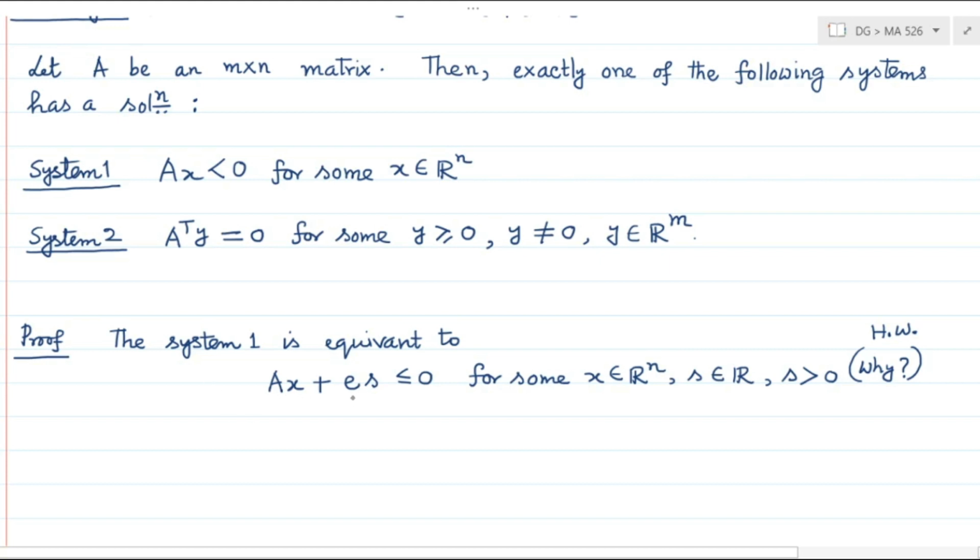Where e is an m-dimensional vector, all m components being ones, m many ones, and es is nothing but the vector with all components equal to s.